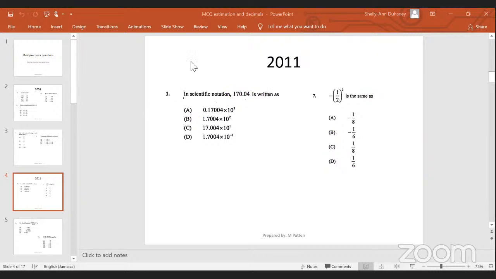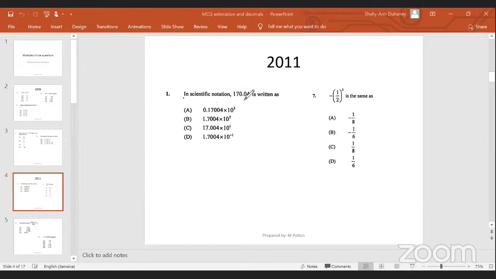All right. So again, in scientific notation, which we know is what? Standard form. It says that in scientific notation, 170.04 is written as, again, we know that what? You move this one because you're going to move 2 places.